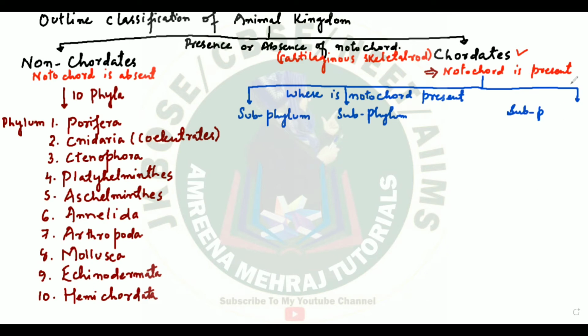Let us see first of all the names of these subphyla. This subphylum is called Urochordates. So this is the first subphylum. Second subphylum is cephalochordates, and the third subphylum is vertebrata.